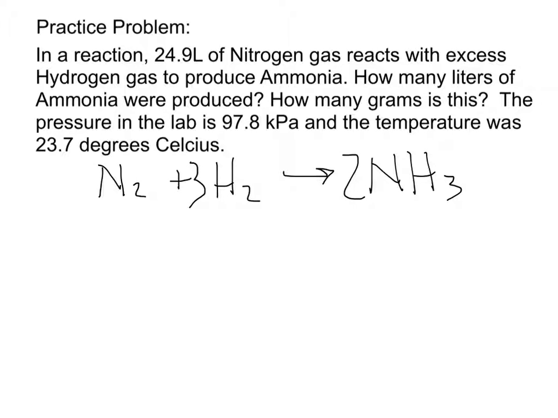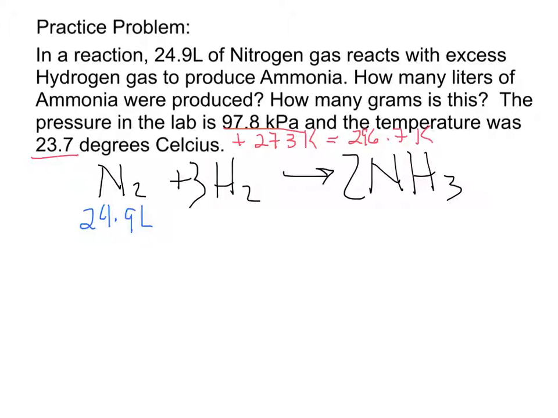Now we have in this problem 24.9 liters, and we have our pressure, and we have our degrees Celsius. But remember, degrees Celsius we need to add 273 because it needs to be in Kelvin. So if we add that, we get 296.7, which is our temperature in Kelvin.